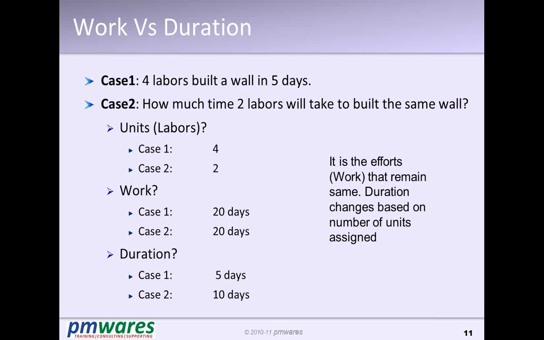He only dictates that I expect the first slab should be complete. It is the botheration of the contractor to think about how many people are required to complete this in 3 months. That is efforts.